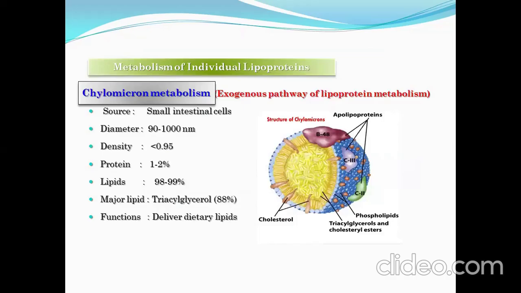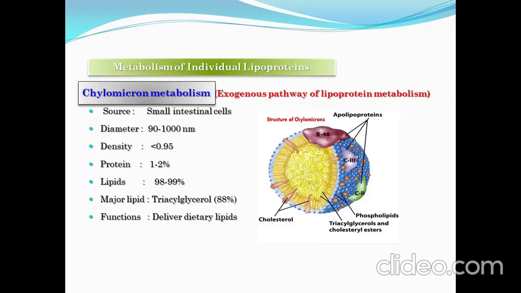We'll go into more detail about the individual lipoproteins. First one is chylomicron. Chylomicron metabolism is also called the exogenous pathway of lipoprotein metabolism. Exogenous means outside. If you get a question on the exogenous pathway, it means nothing but chylomicron metabolism.